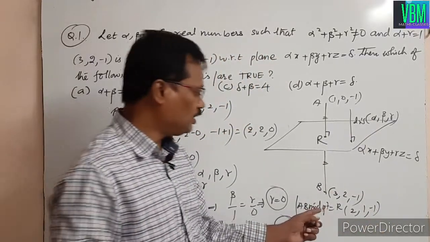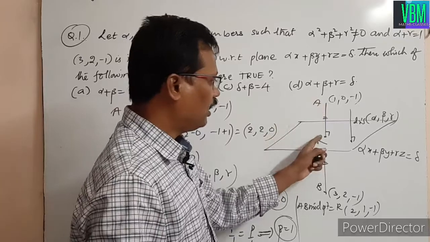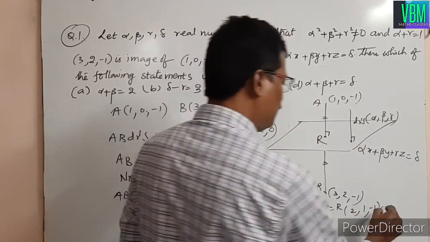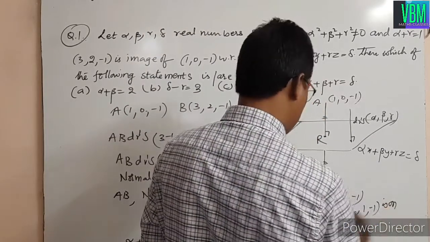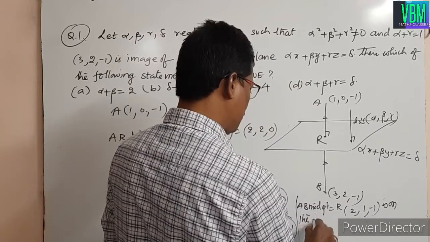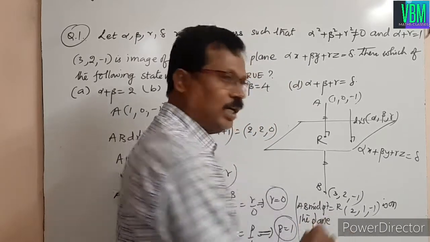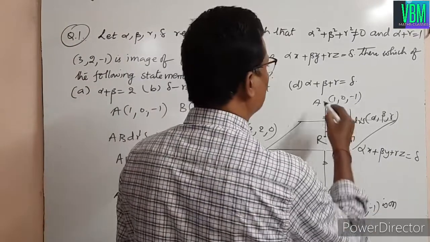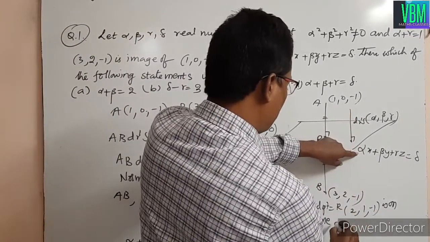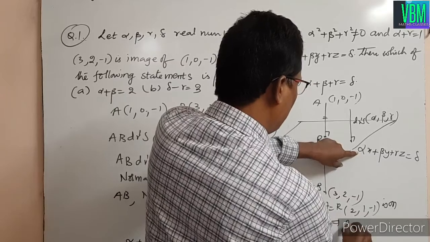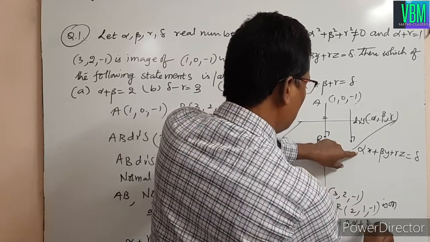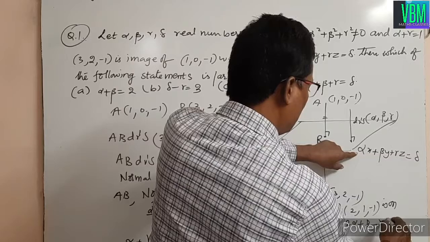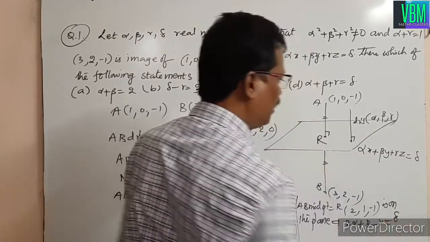This is the midpoint of AB that lies on the plane. Since it is on the plane, let us substitute (2, 1, -1) in the plane. That implies alpha into 2, beta into 1, gamma into -1 is equal to delta.